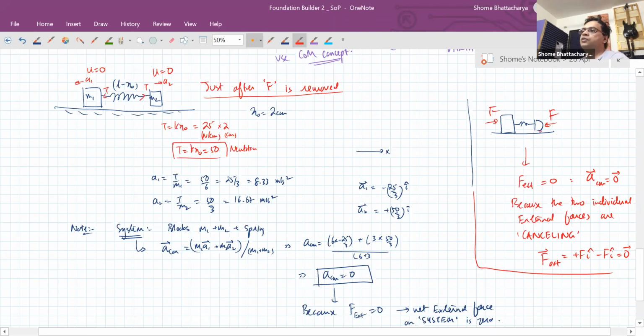And of course, after we withdraw these two forces, the acceleration of the center of mass still remains zero. Okay, so hope this part is clear.